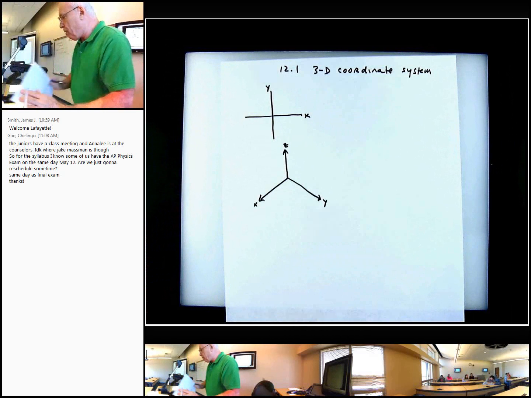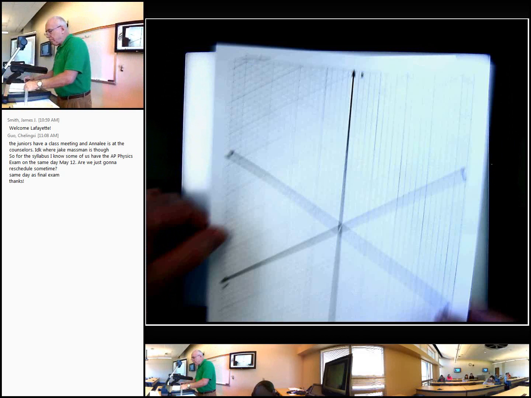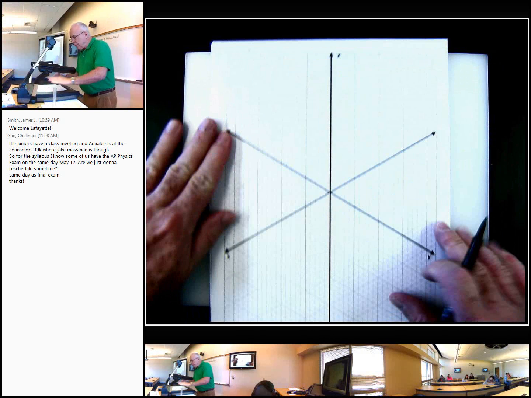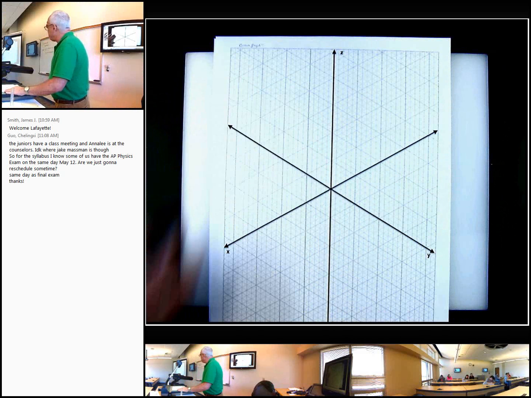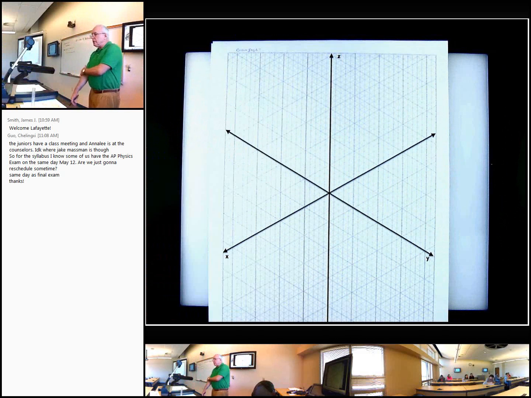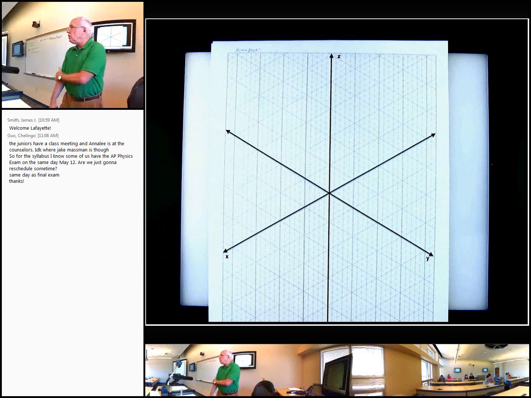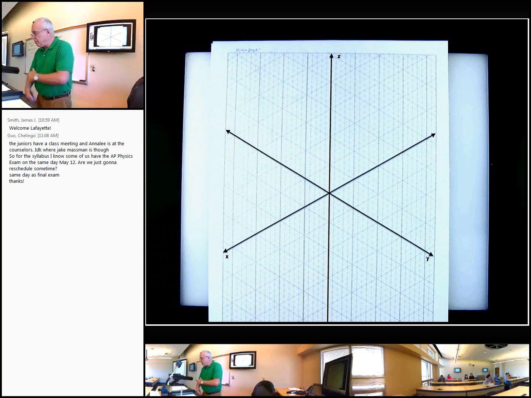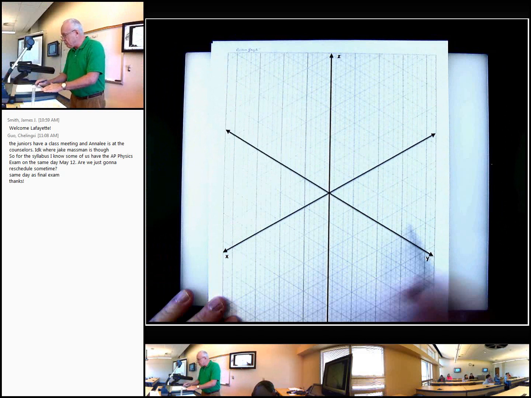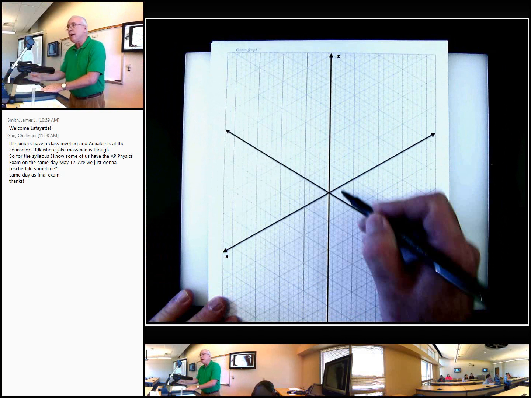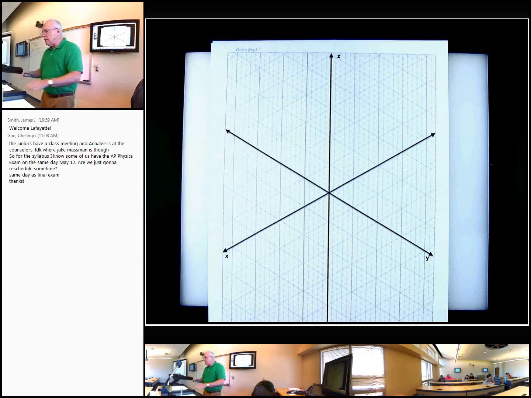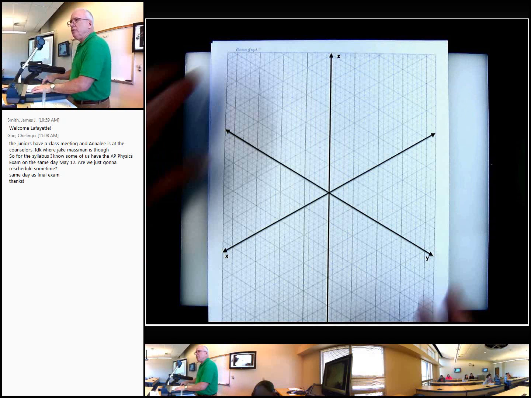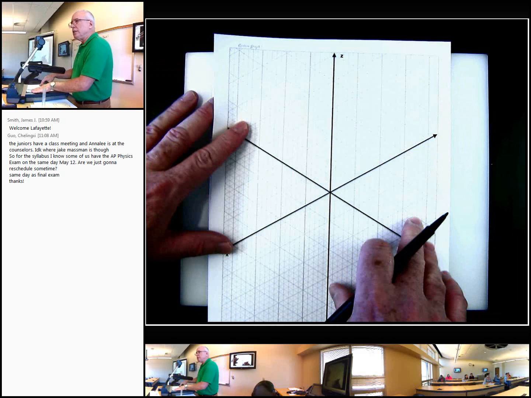What I've posted here on Blackboard, you can print these out and make copies for yourself, is basically a three-dimensional graph, where you have the X-axis, the Y-axis, and the Z-axis, and here is the center of it. And I'll do an example of this in a few minutes if we get to it today.